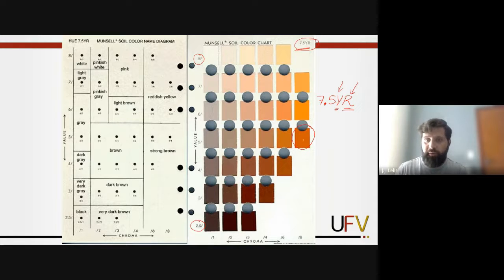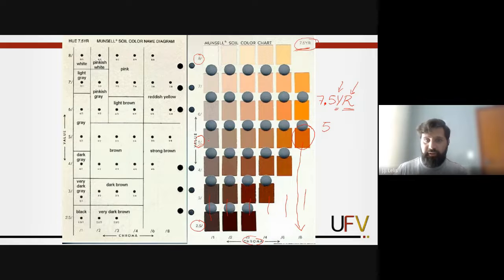So this color is 7.5 yellow red, that's the hue, 5 is the value, and here I can identify also the chroma. The chroma are the columns, the bars that I can see here in a vertical direction.